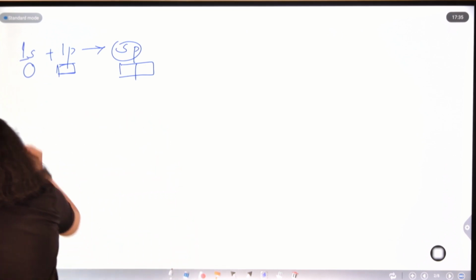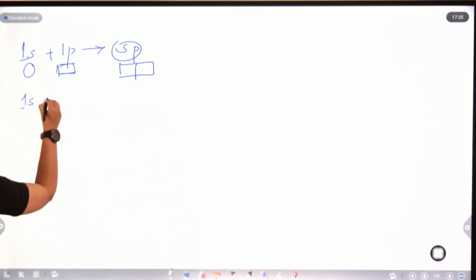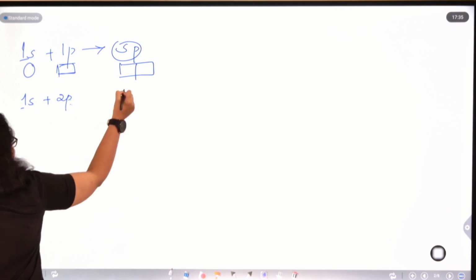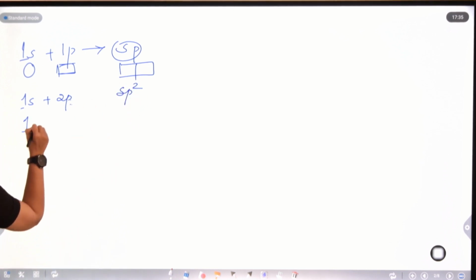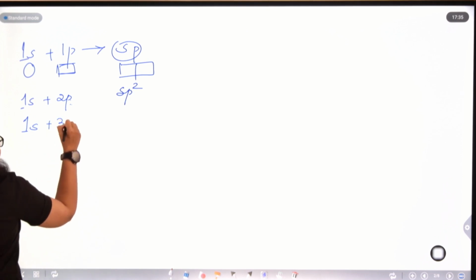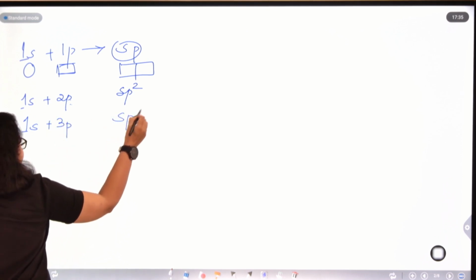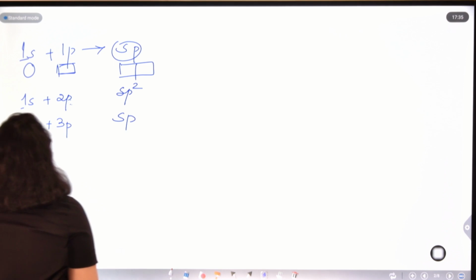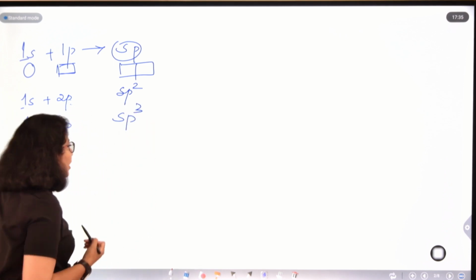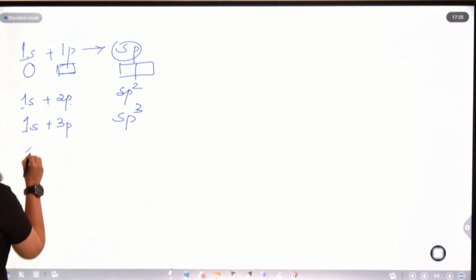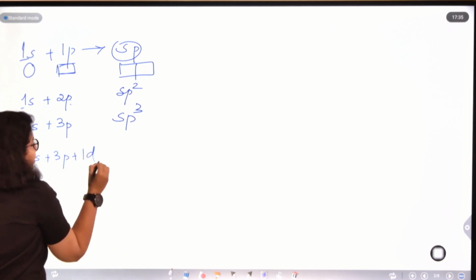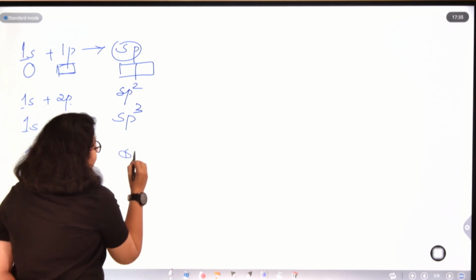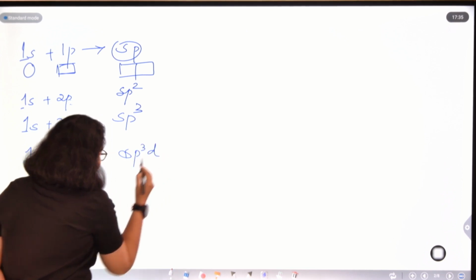Clear? If I'm taking 1s and 2p, I'm getting sp2 hybridization. If I'm taking 1s and 3p, I'm getting sp3 hybridization. If I'm taking 1s plus 3p plus 1d, I'm getting sp3d hybridization.